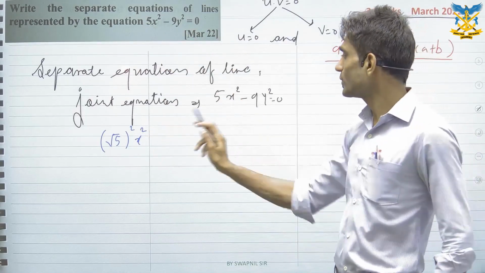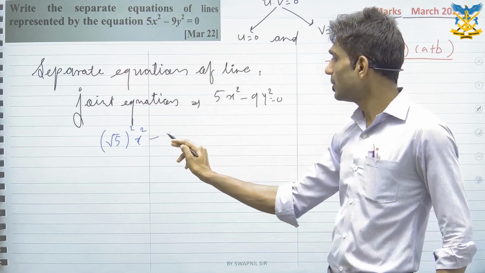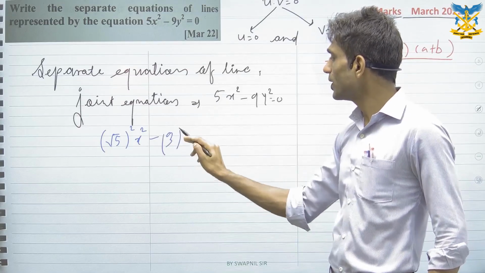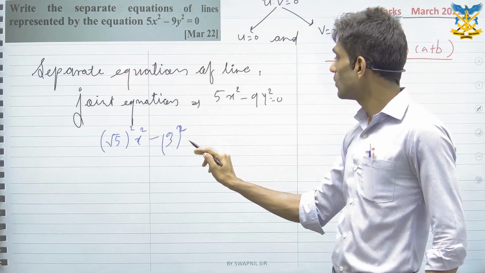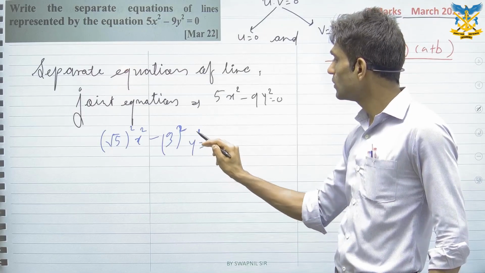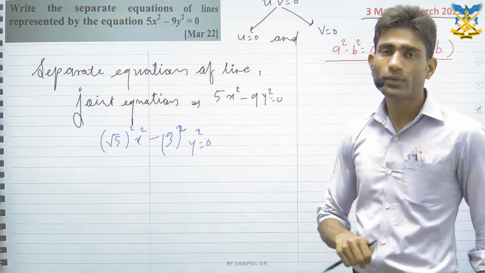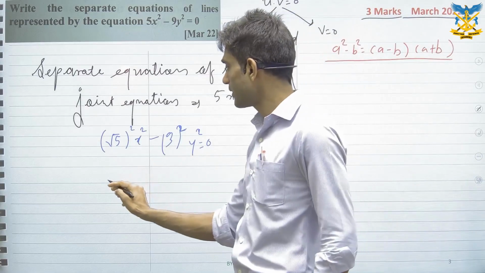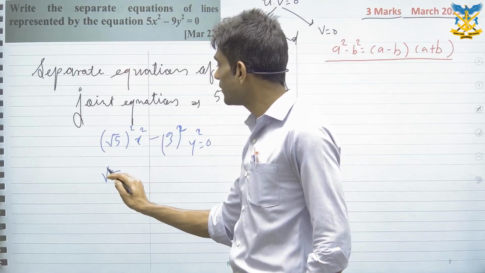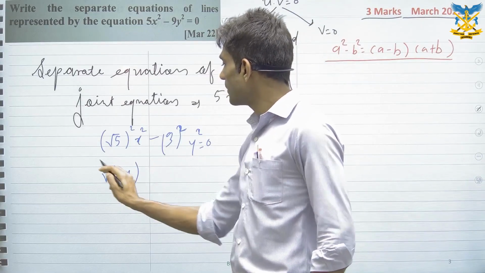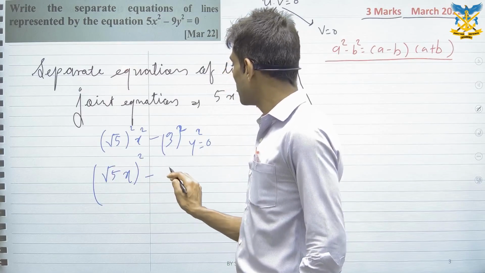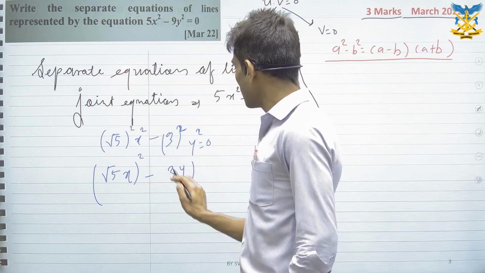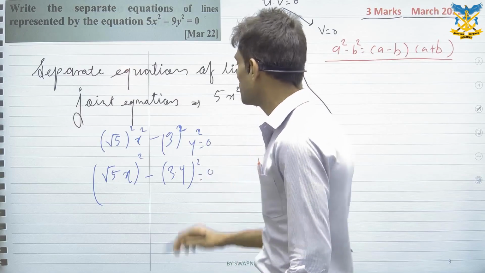So (√5)² x² minus 9 can be written as 3², y² equal to 0. Taking the square together for these two separate terms, we get (√5 x)² − (3y)² = 0.